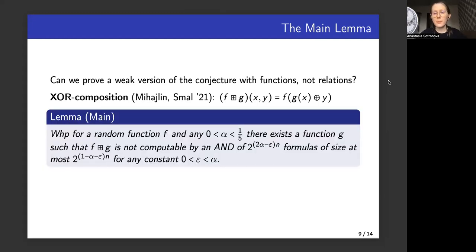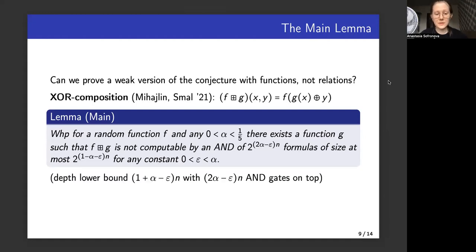Our main technical lemma is formulated as here on the slide. With high probability for a random function f and any alpha less than 1/5, there exists a function g such that the composition of f and g is not computable by small enough formulas. And here epsilon is an arbitrarily small constant.